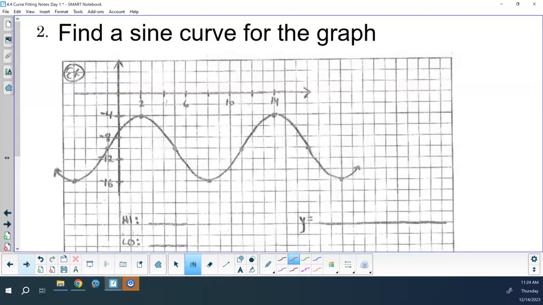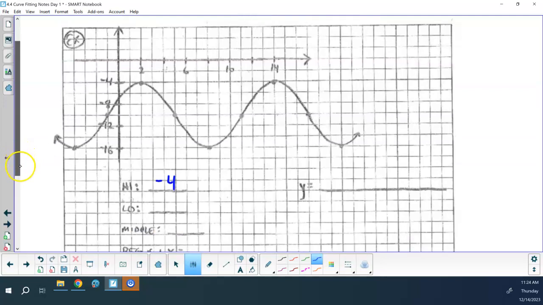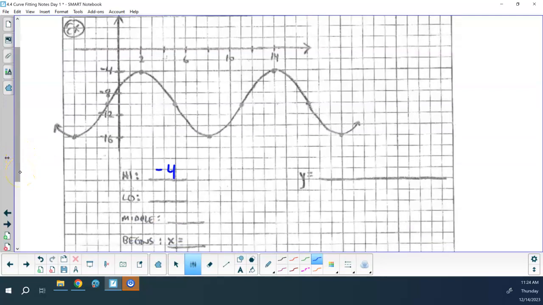What is the maximum, the high value for this function? The most that this function gets up to. -4. So -4 is the high value. What's the low value? -16.